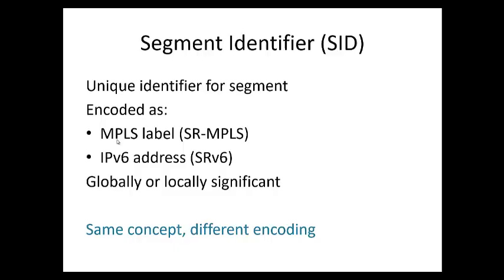That segment can be a router, can be a link, alright. So this SID is basically a label, and the label range reserved for this is from 16,000 to 23,999.